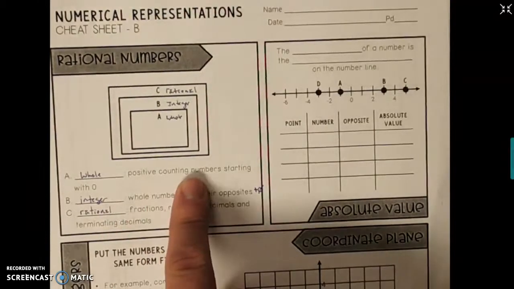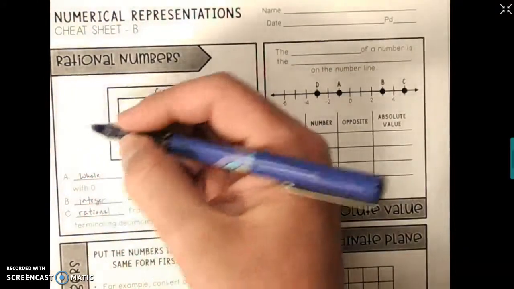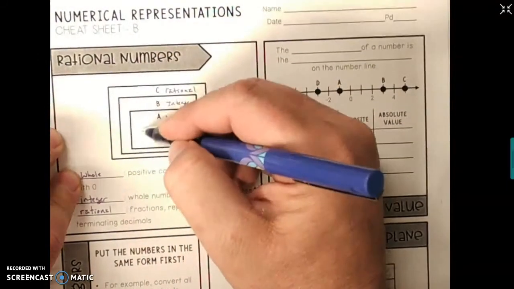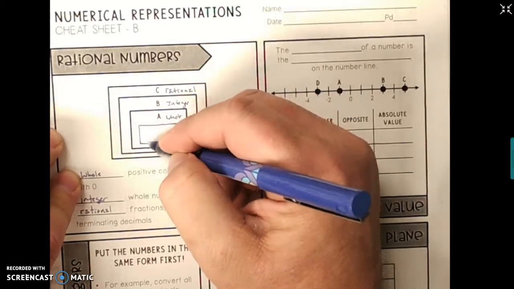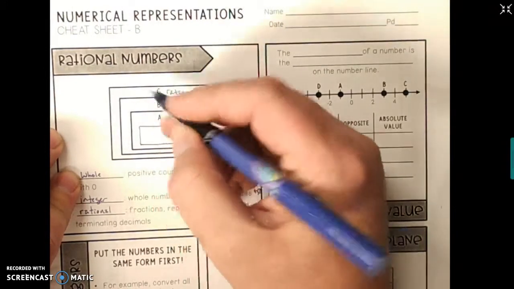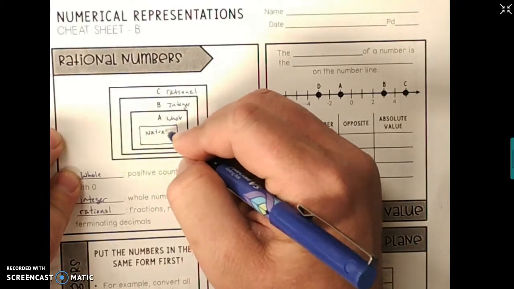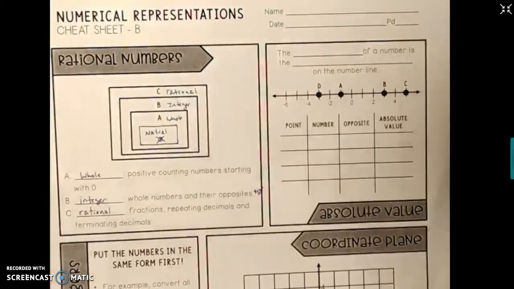And that is positive counting numbers, and 0 is included. We also talked about natural numbers, which would be a fourth box in here. And that is all positive whole numbers except for 0. Natural numbers. 0 is not included in that.